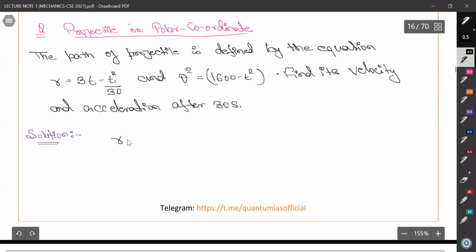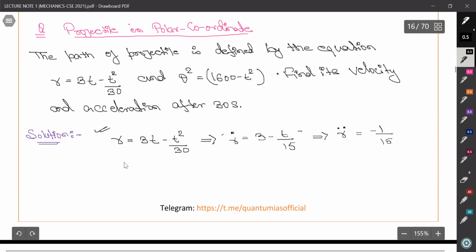So we are given R, that is 3t minus t square by 30. Sorry. We are given R, so we can easily write R dot that equals 3 minus t by 15. And we also need to find R double dot for our acceleration, that equals minus 1 by 15. That's it. So we are done with this R part.